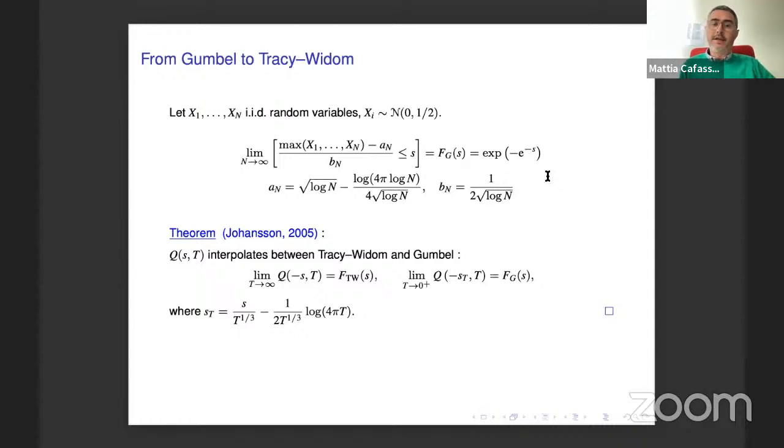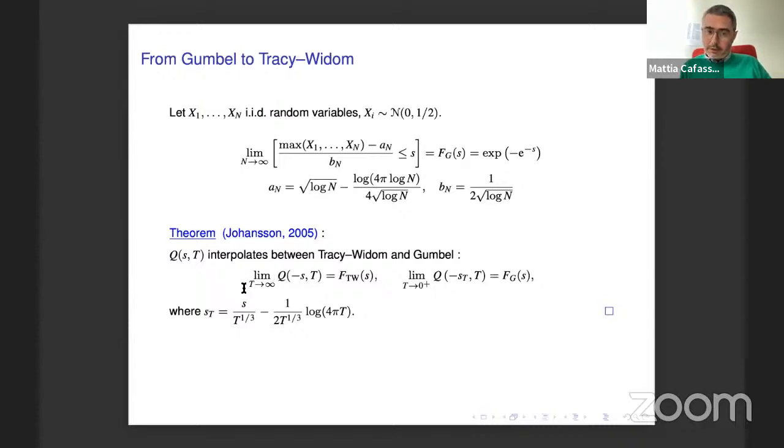And this q_{ST} is indeed something that gives a crossover between the Tracy-Widom universality class and the Gumbel distribution, in the sense that the limit for t going to infinity of q_{-s,t} converges to the GUE Tracy-Widom distribution, while doing some rescaling and sending t to 0, you arrive at the Gumbel distribution.